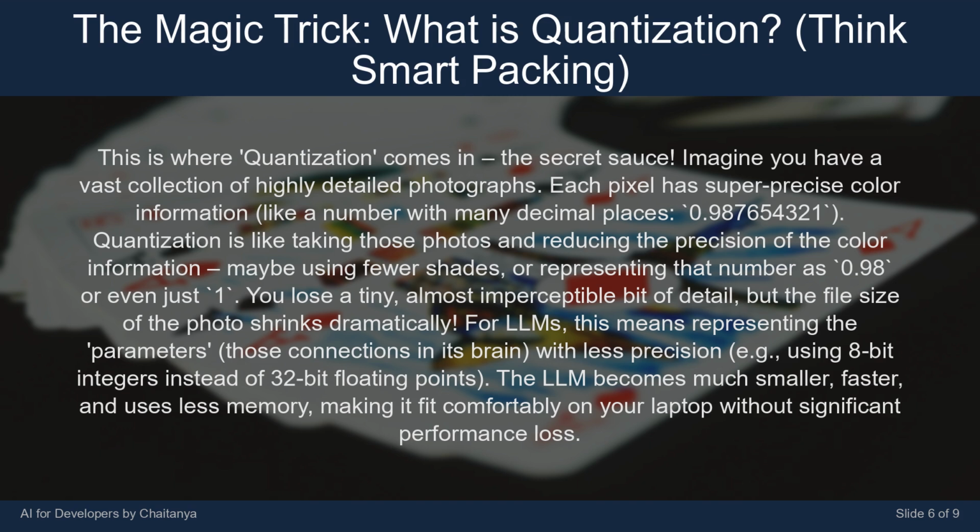Quantization is like taking those photos and reducing the precision of the color information. Maybe using fewer shades, or representing that number as 0.98, or even just 1. You lose a tiny, almost imperceptible bit of detail, but the file size of the photo shrinks dramatically.